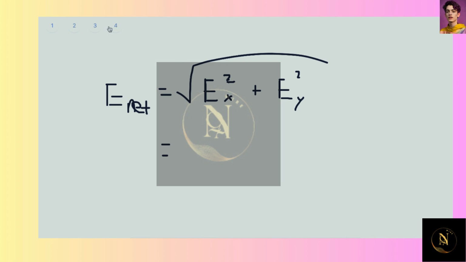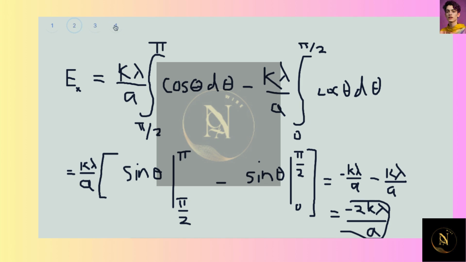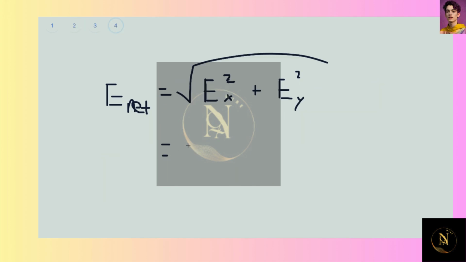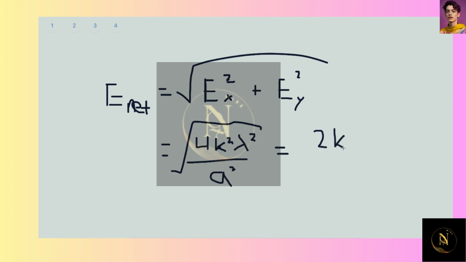So we should just get something like, well, let's work it out. Let's see. Minus 2k lambda over a squared will be 4k squared lambda squared over a squared. Then we have to have the square root. Then we get 2k lambda over a. Right?